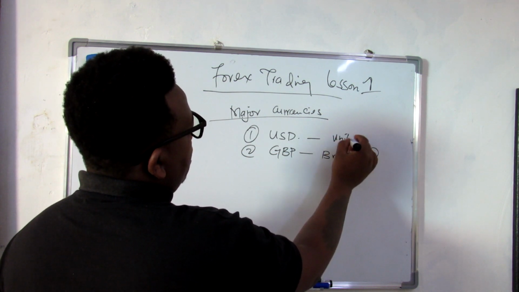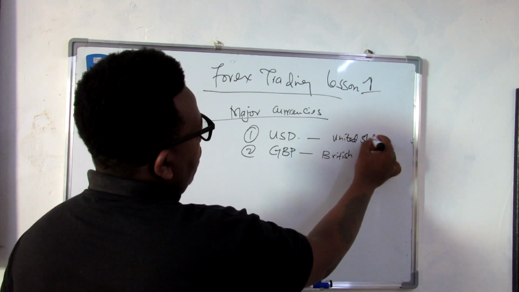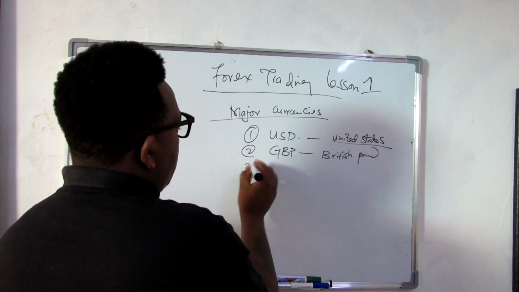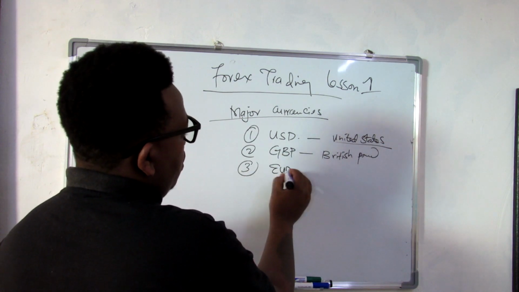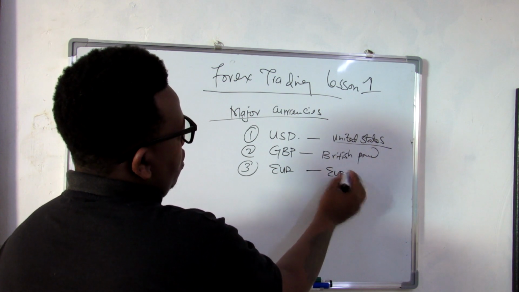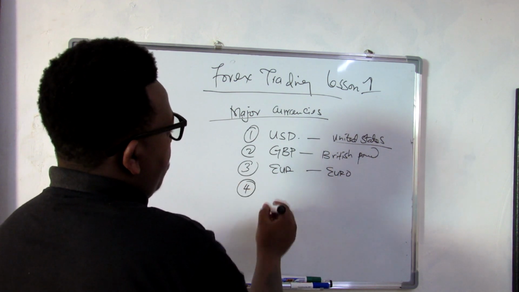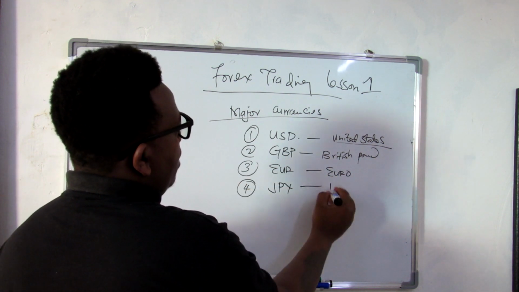Of course, we also have the euro, the popular euro. Then we have the JPY, the Japanese yen.